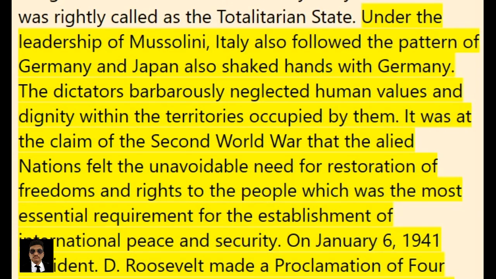It was at the close of the Second World War that the Allied nations felt the unavoidable need for restoration of freedoms and rights to the people, which was the most essential requirement for the establishment of international peace and security.